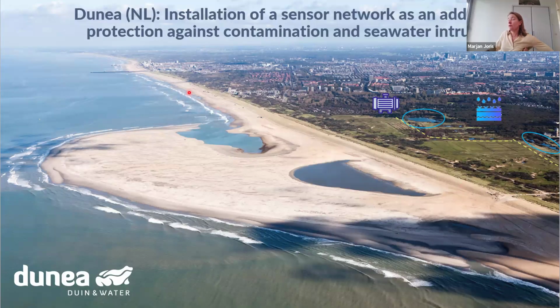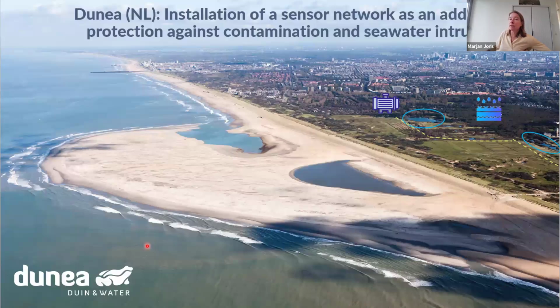As protection against climate change, a sand motor is built. Here in front of the coast, sand is installed. But what we saw is that with the installation of the sand motor, the risk of salt water intrusion was increasing.